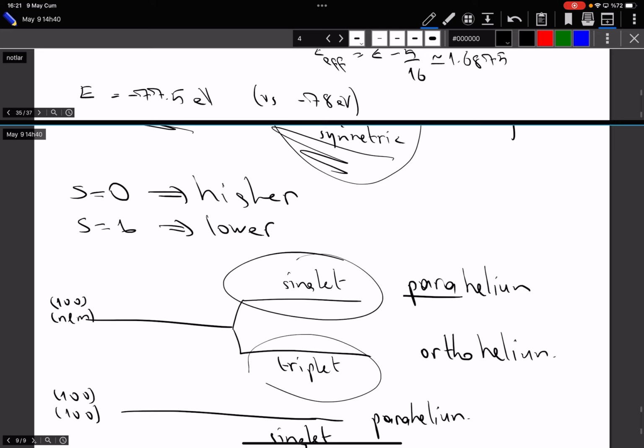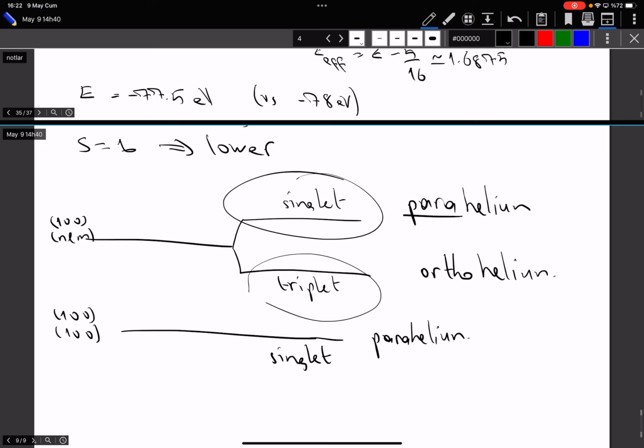Can this method be applied to two electrons that are in the excited state, when both are in NLM? Is what I'm asking. Sure. I mean, you see, the crucial thing in all this derivation is whether the two electrons are in the same NLM states or not. The only thing we used in this derivation is that if the two electrons have the same NLM quantum numbers, then their spin has to be different.